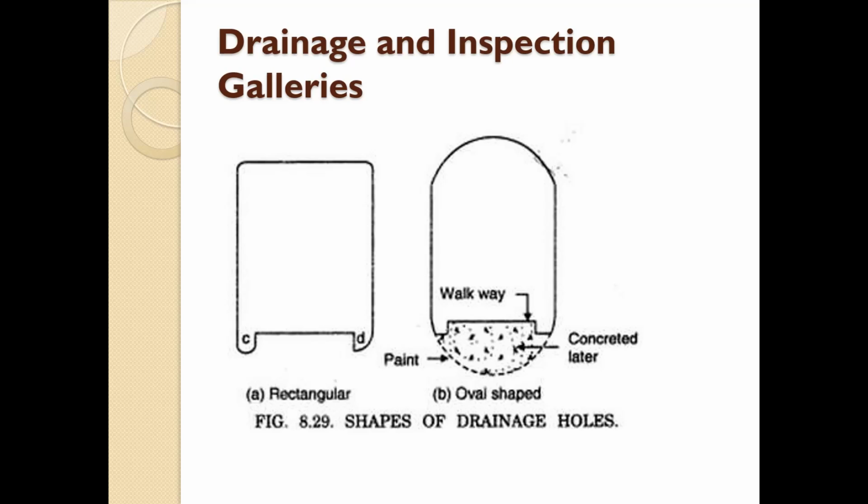For example, a gallery can be provided near the rock foundation to drain the water which percolates through the foundation. Such a gallery is called a foundation gallery or a drainage gallery. It runs longitudinally and is quite near the upstream face of the dam. The size of this varies from 1.5 by 2.2 to 1.8 by 2.4 meters.